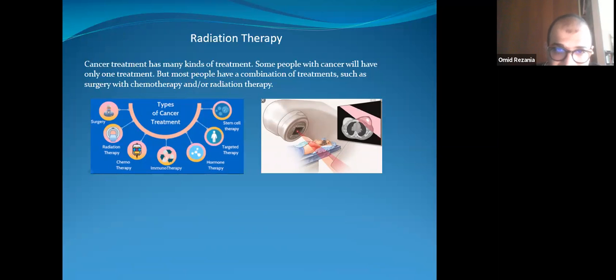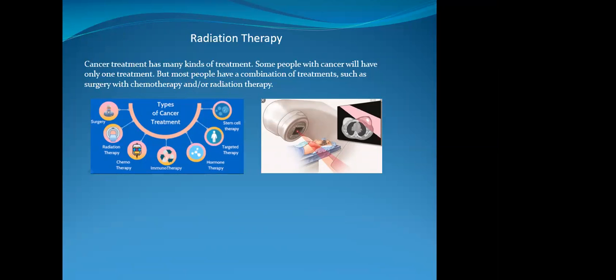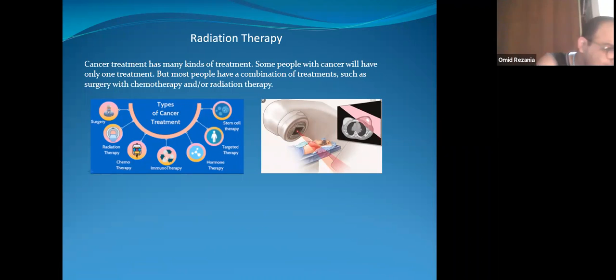I notice that we have stem cell therapy. Interesting. That's the thing which I learned today. I never knew that stem cell therapy is used for cancer, which means that my understanding is too old fashioned now. I knew about radiation therapy, chemotherapy, immunotherapy, hormone therapy, targeted therapy, and stem cell therapy.